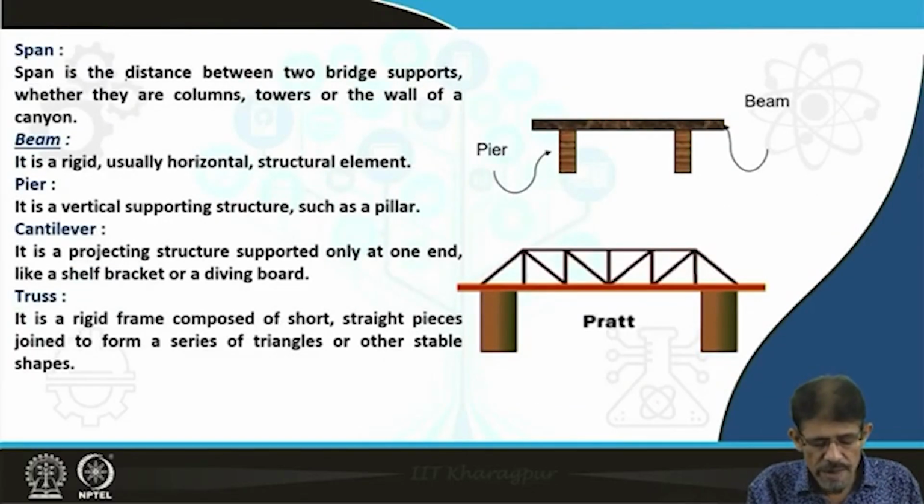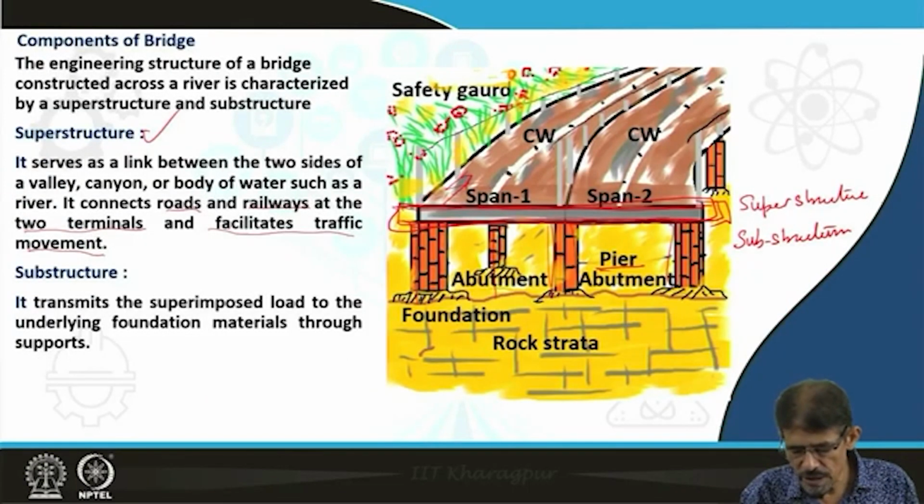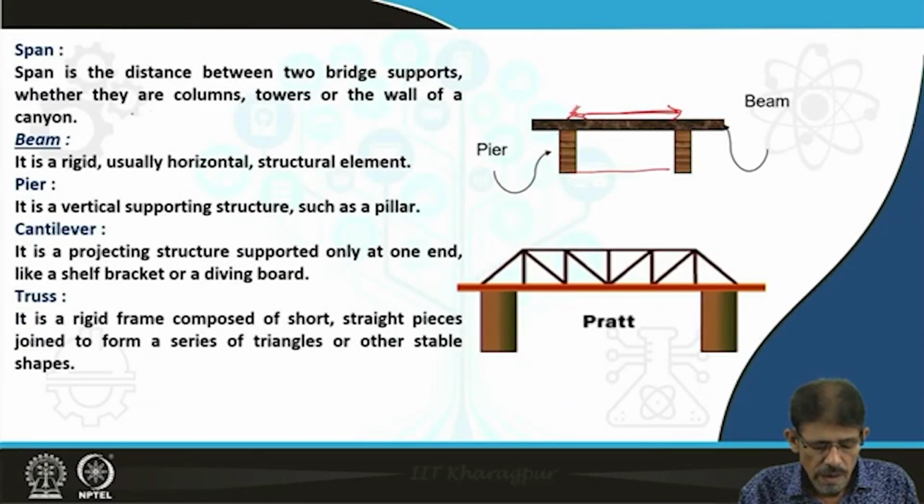The span is the distance between two bridge supports. You can see here, this is the span. You can see here span 1, span 2; the distance between two supporting pillars is recognized as a span, whether they are columns, towers, or the walls of canyons.